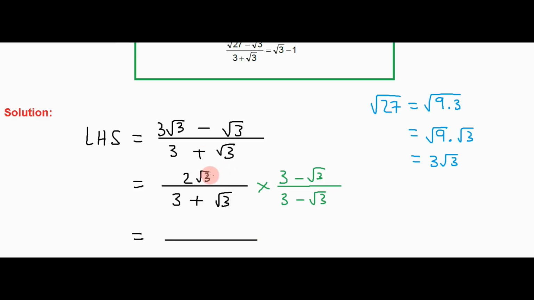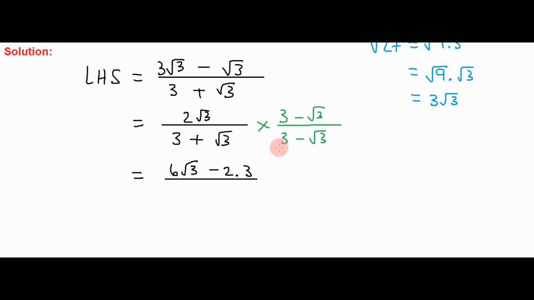So multiplying the numerators in these two fractions, 2 root 3 times 3 is 6 root 3. And we have 2 times root 3 times root 3, which is 6.